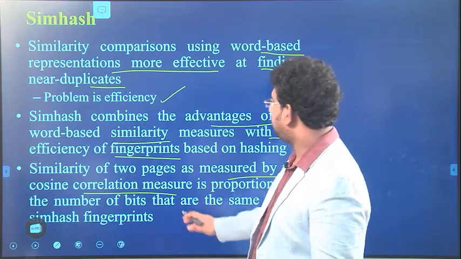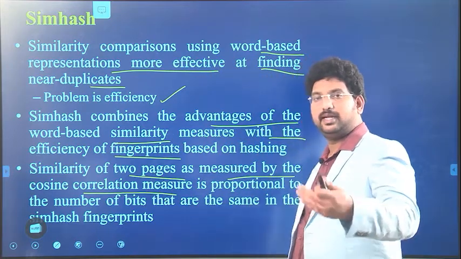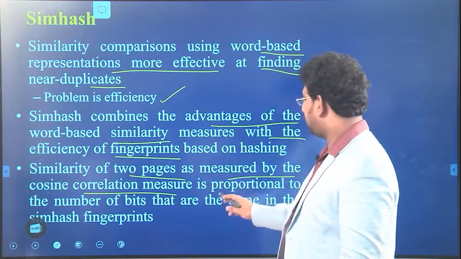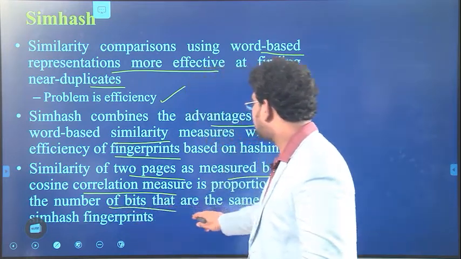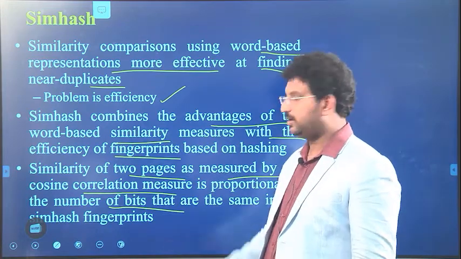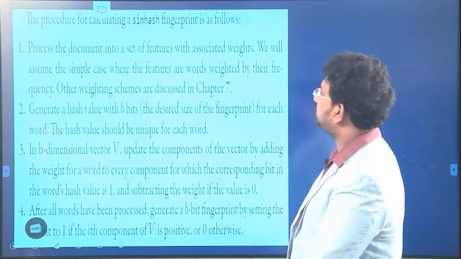So whenever you are comparing the similarity of the two pages as measured by the cosine correlation measure, it is proportional to the number of bits that are the same in the simhash fingerprints.